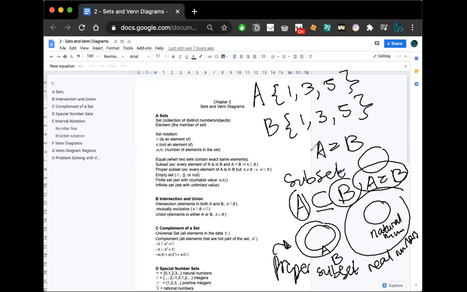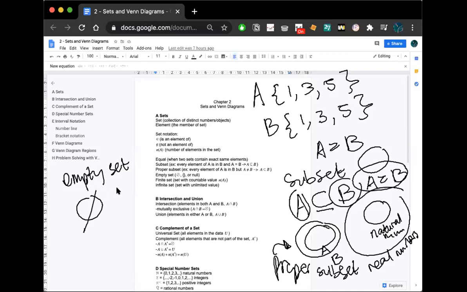And then there's also empty set. Empty set basically means that there's nothing in the set. Usually if you want to draw the set, it's just empty, but then you put an X sign in it.